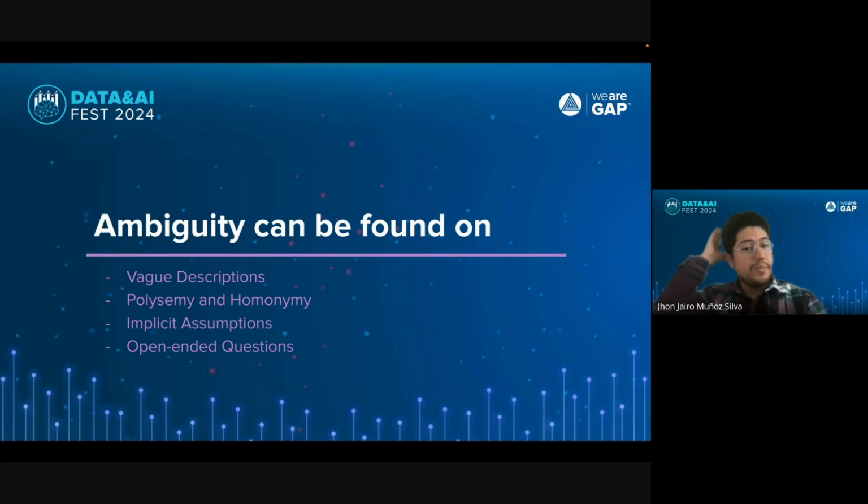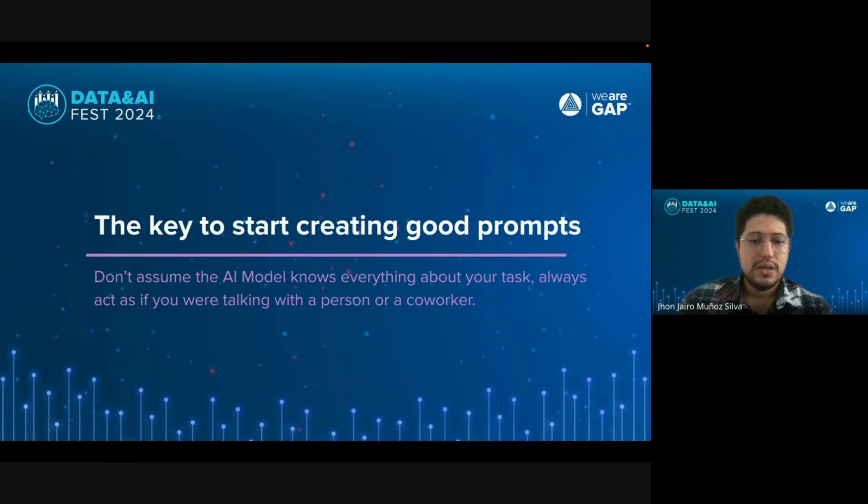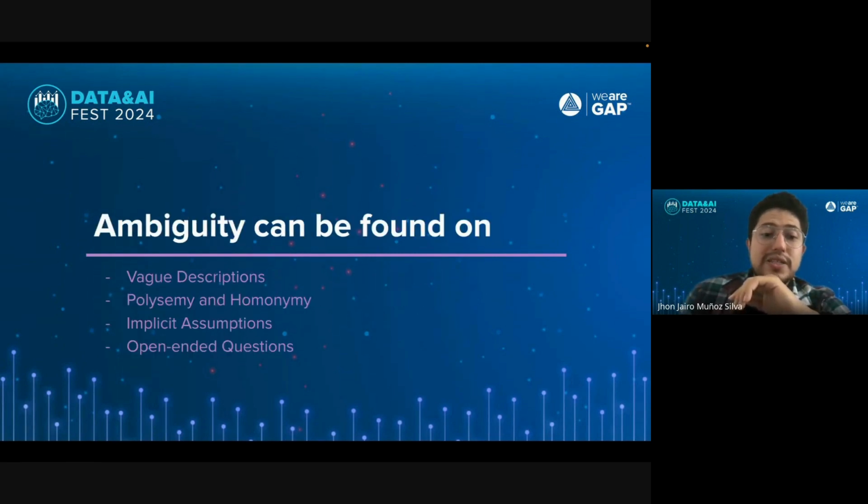Now, talking about the ambiguity that I mentioned before, it can be found in vague descriptions, policy anomalies, implicit assumptions. This is the key to start creating good prompts. If you are assuming that the AI model knows something and is supposed to know it, what is going to happen is that probably it's going to choose something different from what you assumed it was supposed to choose, and will generate something really different.